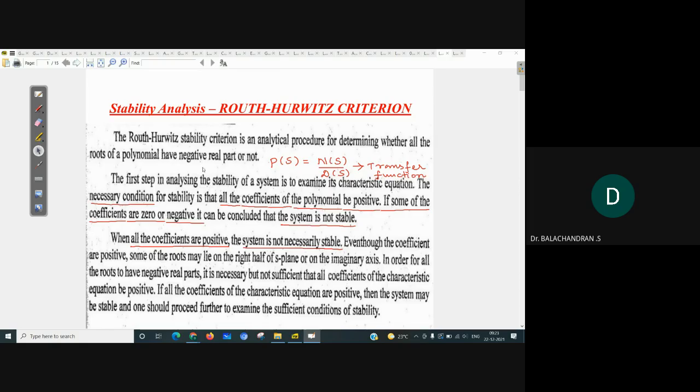Okay. So now I will give some introduction. First, stability analysis, Routh-Hurwitz criterion.